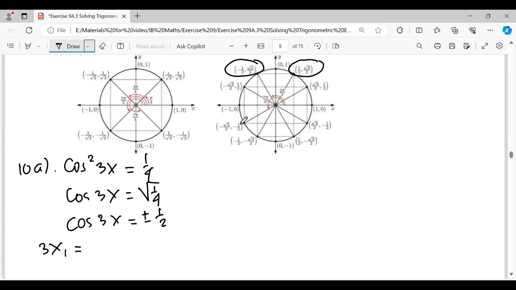This one, as well this and this. Okay, 2/6, this one 4/6, 8/6, and 10/6.